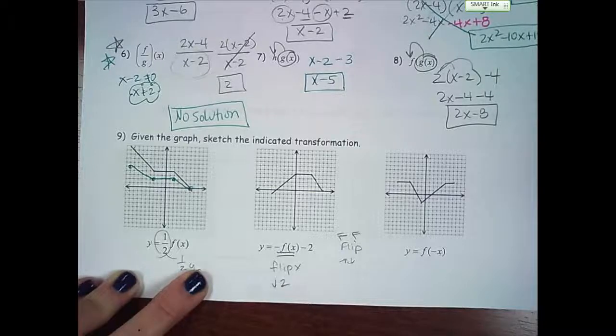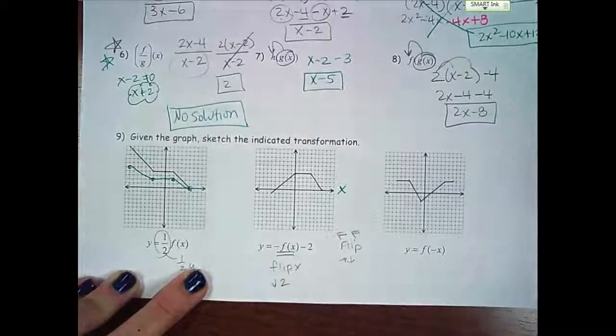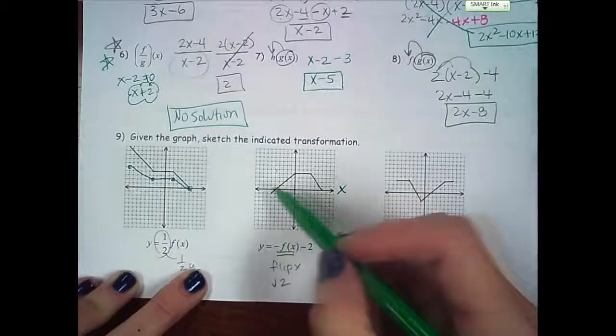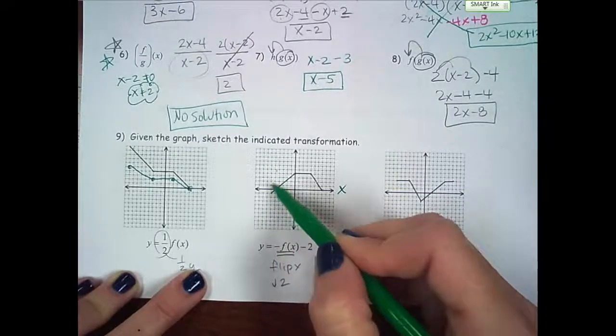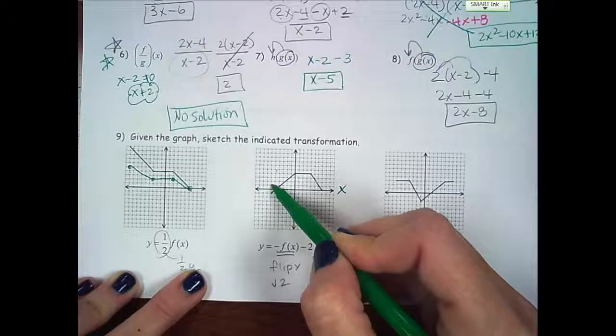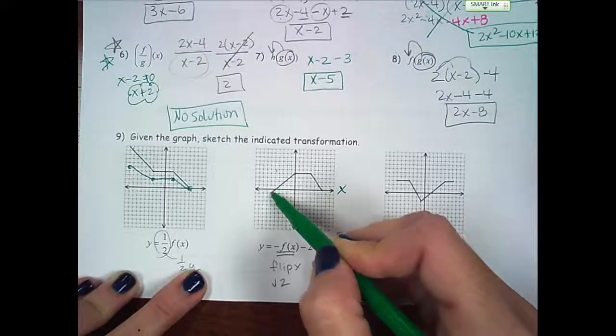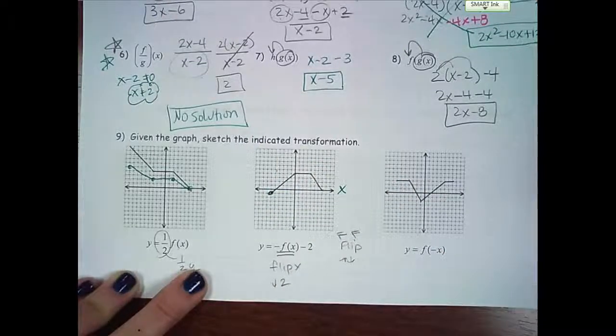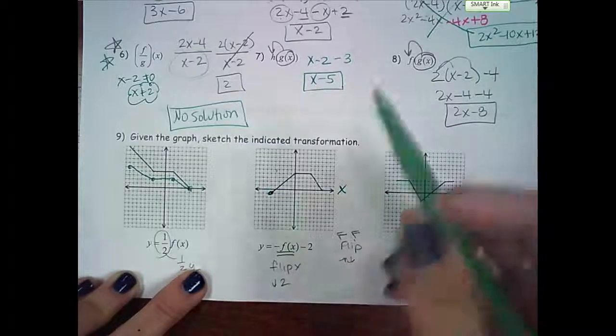So flip over the x-axis. This is my x-axis. So in other words, if you were up, you're going to go down. So I was down 1, so flipping over my x puts me here. But then it asked me to go down 2 more, which is kind of strange. Which puts me right back where I was. Okay? Go to the next one.